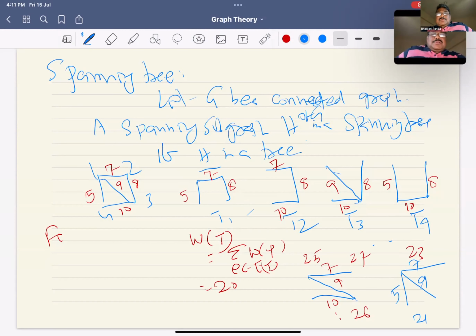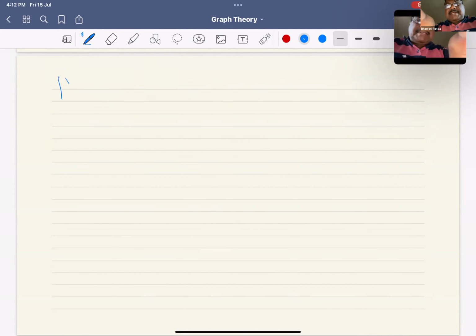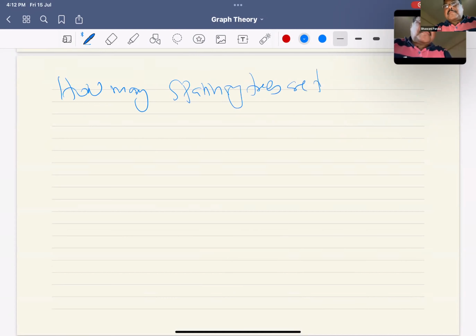Okay. So, number of spanning trees. How many spanning trees are there? This is the question. Right. So G is there. Take any edge, e equal to xy. Some edge.